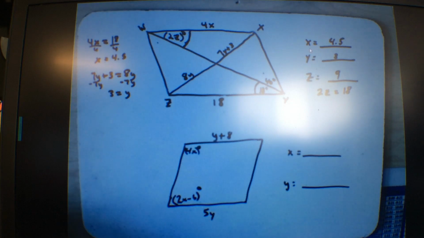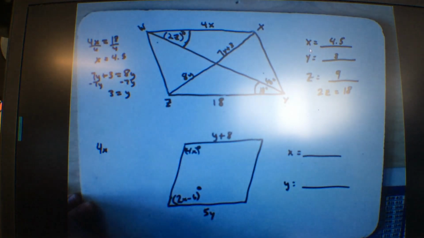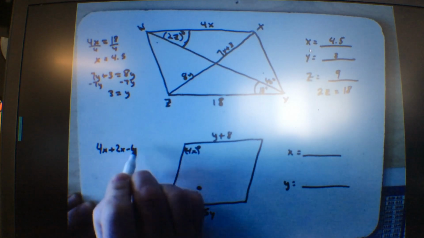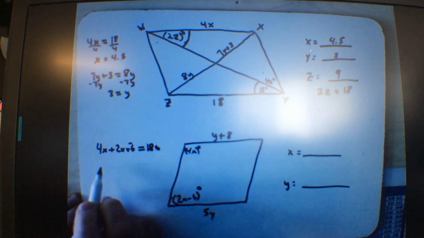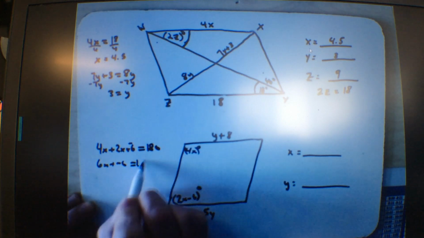Okay? How do I solve for x? Is it 4x plus 2x minus 6 equals 180? That is correct. They are supplementary. Okay? So if I change that, it'd be 6x plus a negative 6 equals 180.